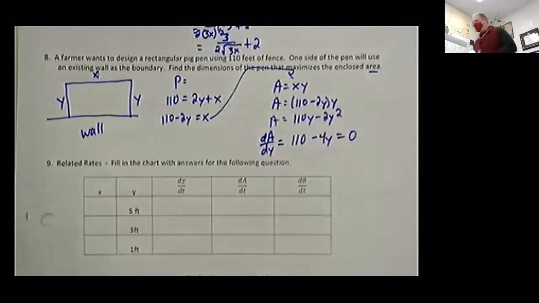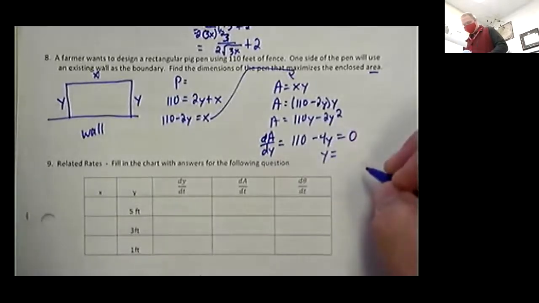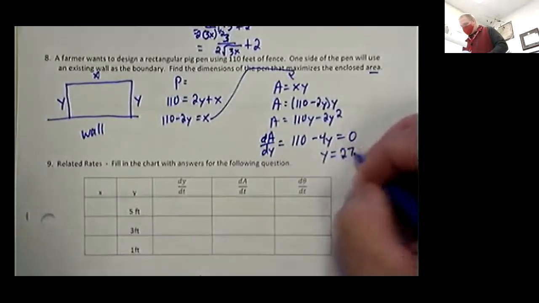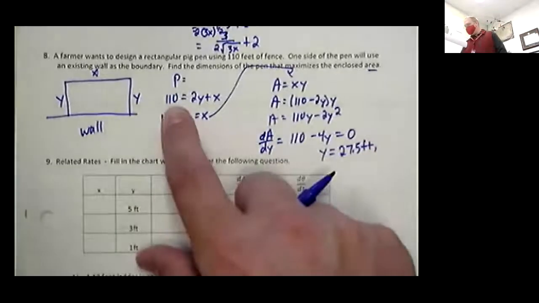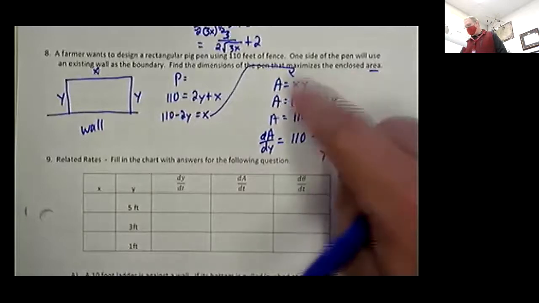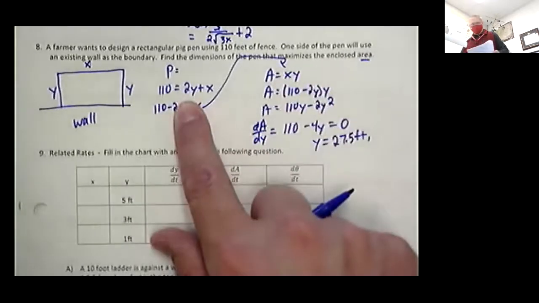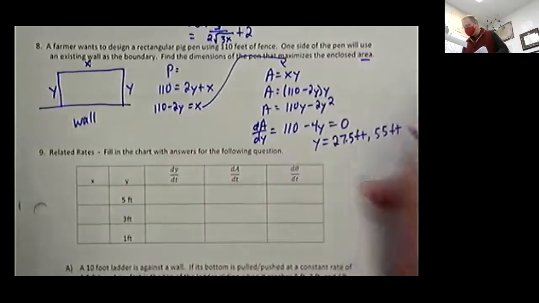Good job. We're going to subtract the 110, divide by 4, and y is 27.5 feet. We can do a couple of different things to solve back. You either use the perimeter problem or the area problem. We don't know area, so we have to go back to the perimeter problem to find x, and that would be 55 feet.